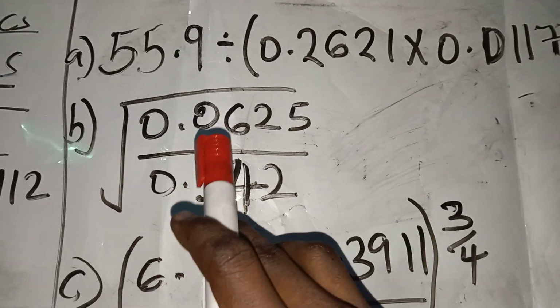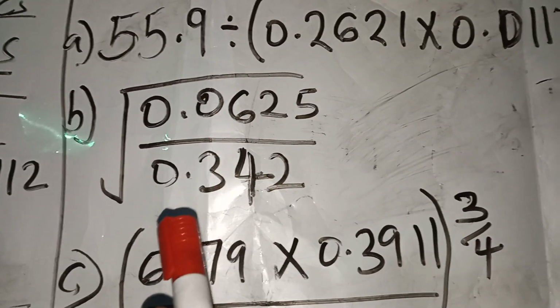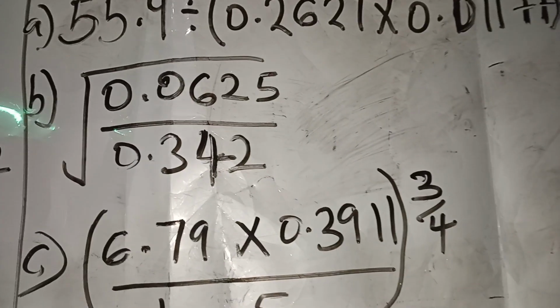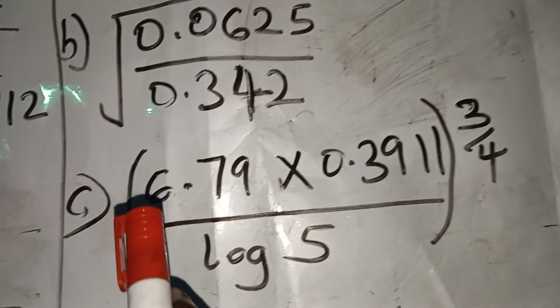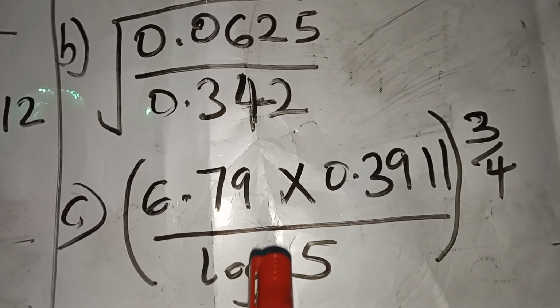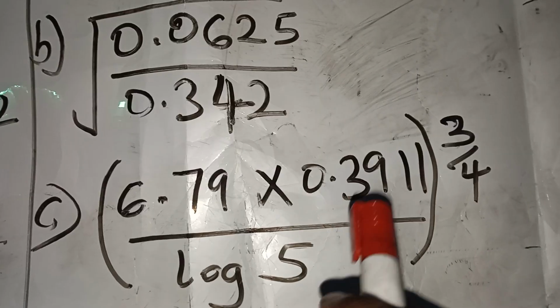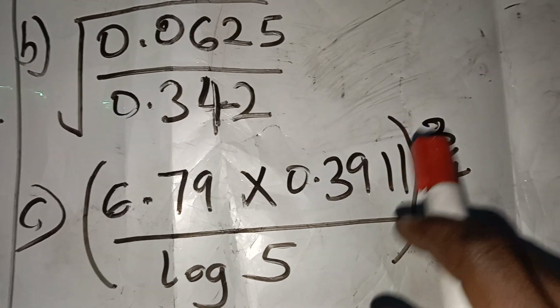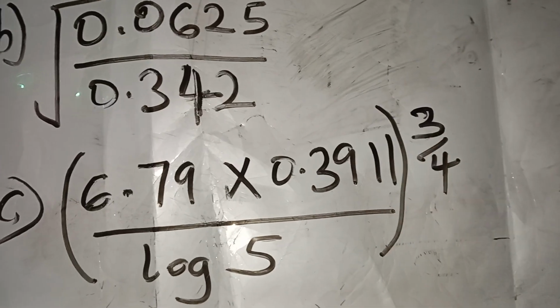Here we have 0.0625 divided by 0.342, and you find their square root. Here 6.79 times 0.3911 divided by log of 5, in bracket power 3/4.